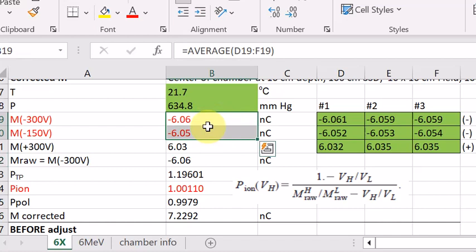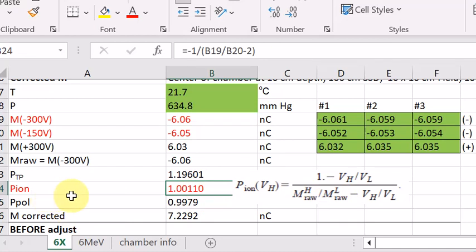We get these two very similar readings, negative 6.06 for the high, negative 6.05 for the low. Then we use this equation and we get our P-ion, which is 1.00110.